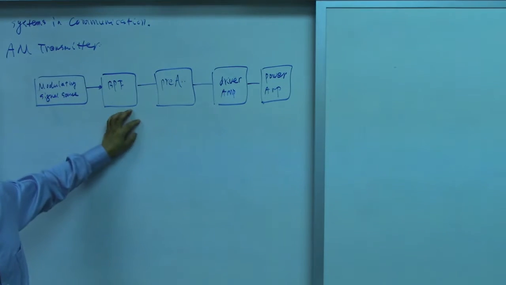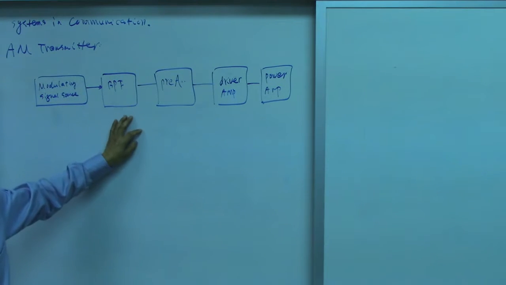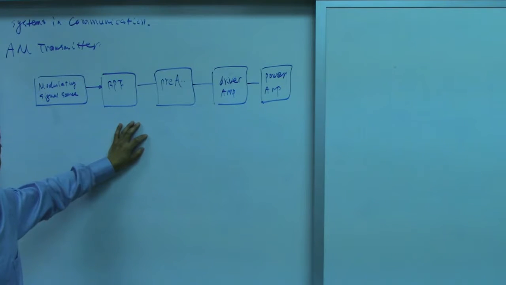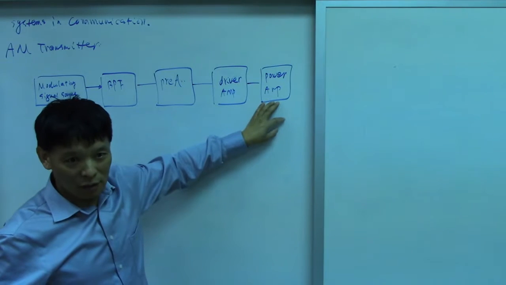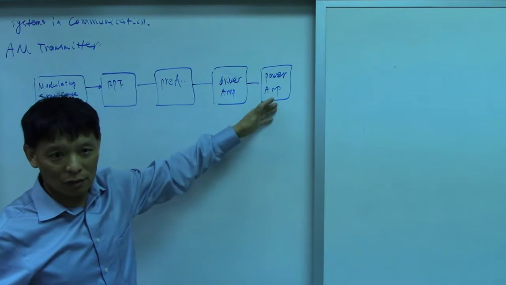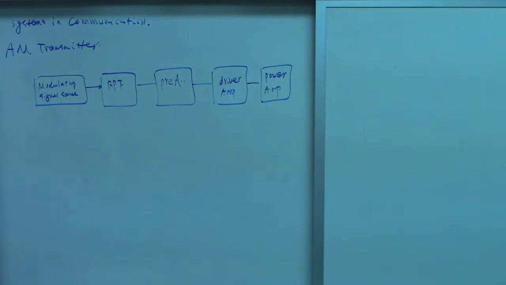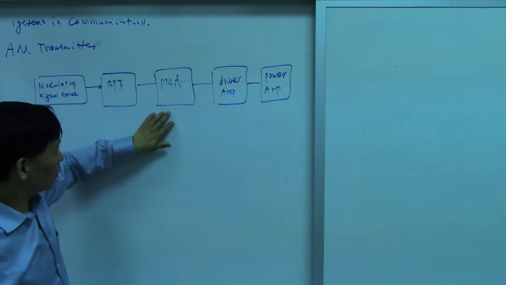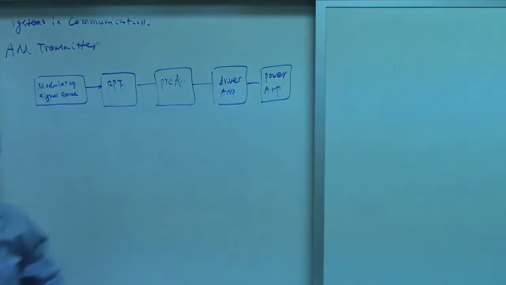Usually when we design linear amplifiers, we say the amplifiers are linear, that means for small signals, and those are large signals. So when you design this, it's a little bit different than this part. So we need to be careful. But in this class, we do not discuss the design of all these systems. We just mention them: preamplifier, driver, and power amplifier.